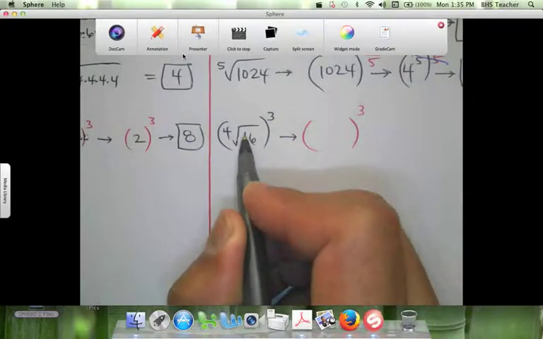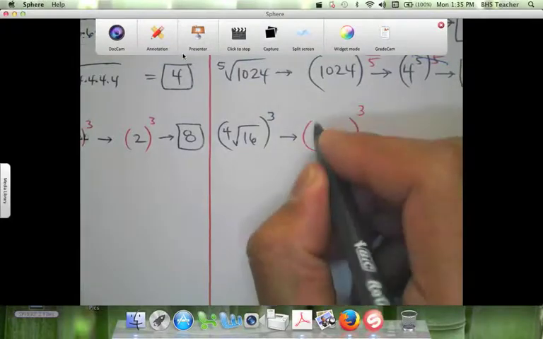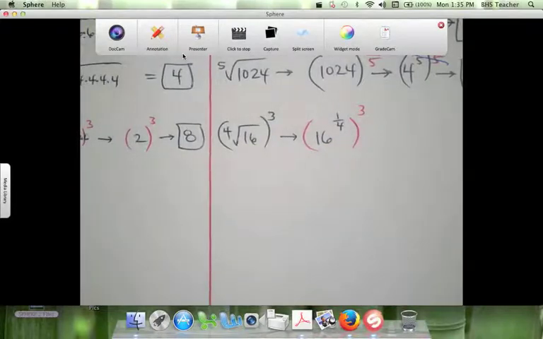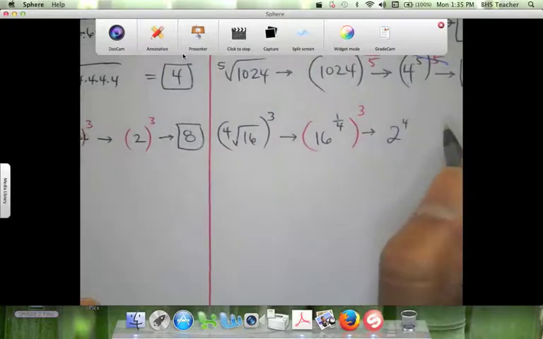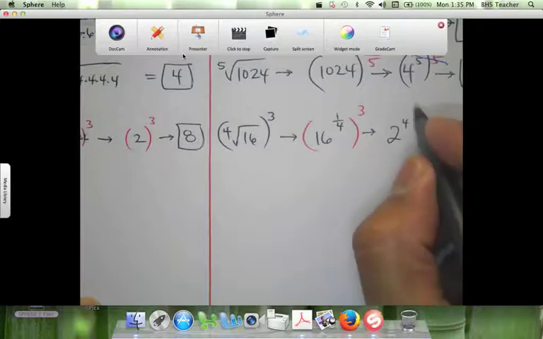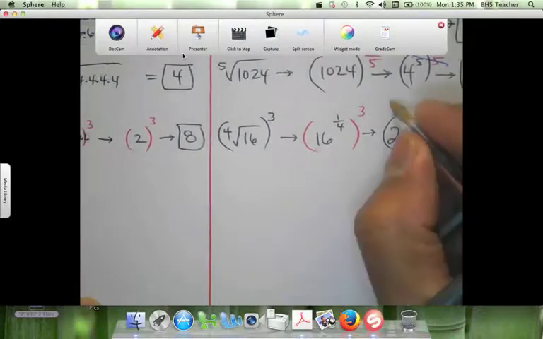We want to use exponents. We know that that's 16 to the power of 1/4. We know that 16 is 2 to the power of 4. And then you have that 1/4 right there. And you still have the 3 on the outside.